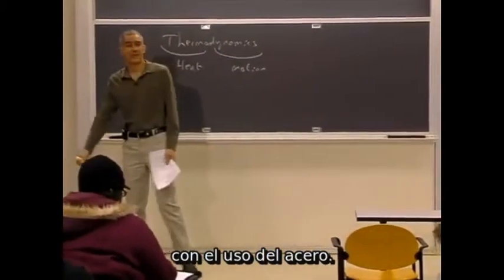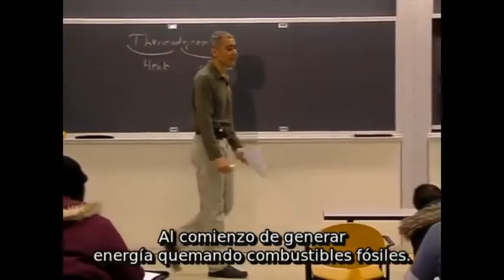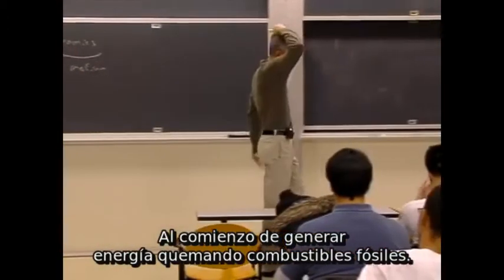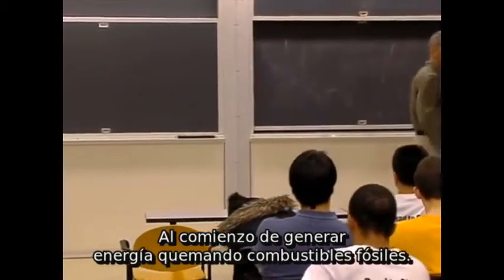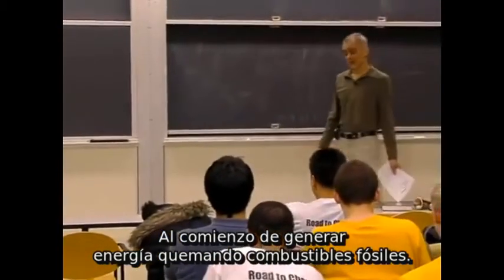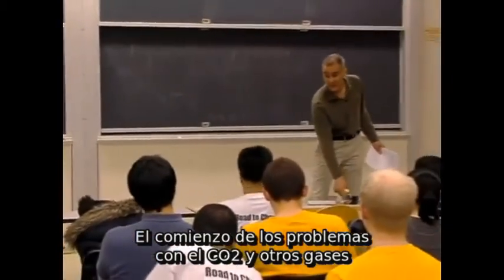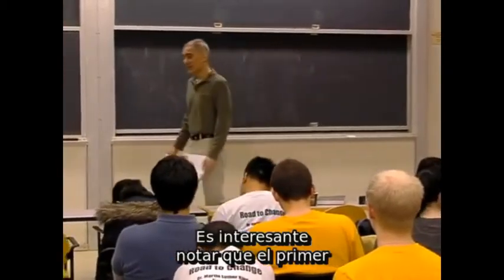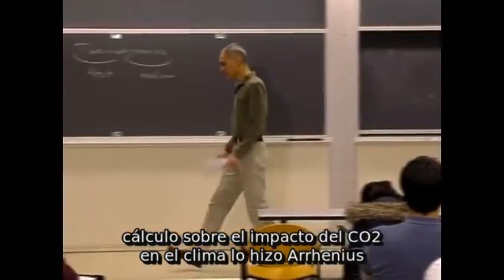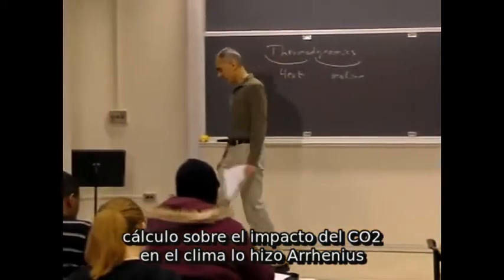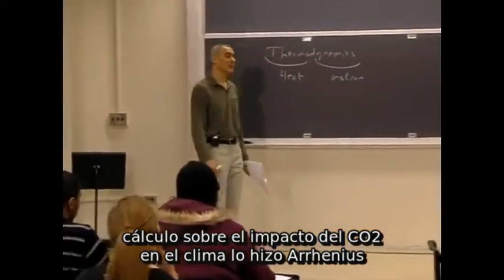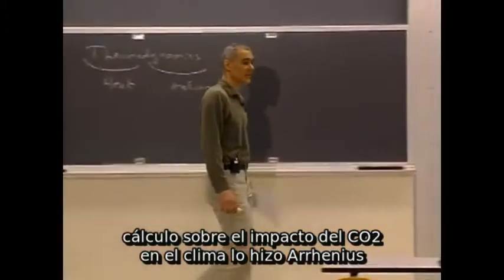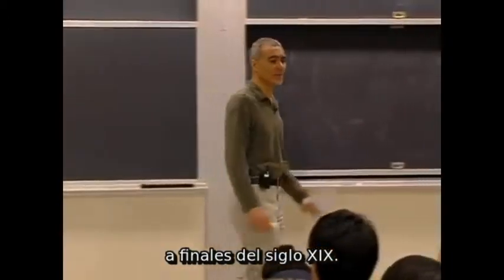It's the taming of steel, the beginning of generating power by burning fossil fuels, the beginning of the problems with CO2 in the atmosphere, global warming. In fact, it's interesting to note that the first calculation on the impact of CO2 on climate was done in the late 1800s by Arrhenius.